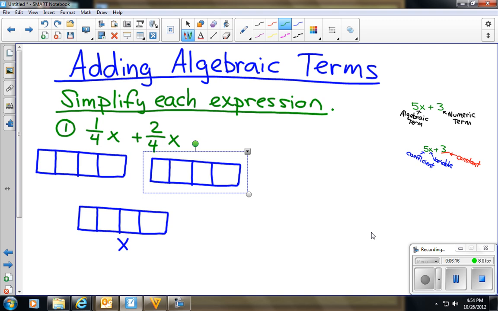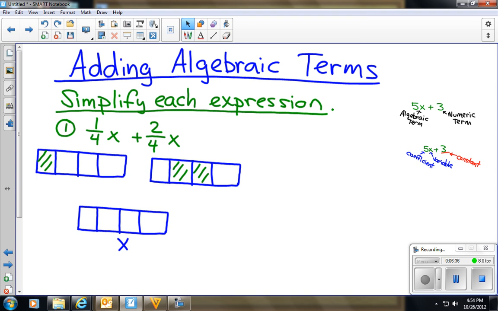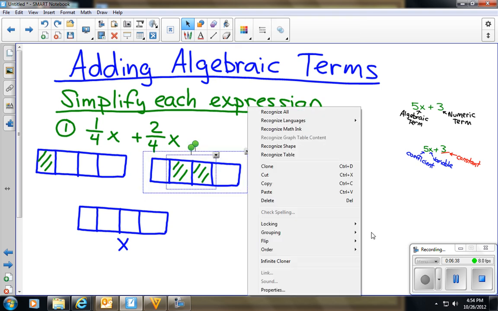Well, it's 1/4 x. So I'm going to say this is 1/4 of the x being filled in. Now, the bar on the right-hand side is 2/4 x. I'm going to just move it over a little bit. You could fill it in wherever you like. I'm going to fill mine up in the middle for a reason. So as you can see here, I have 2/4 of it filled together, right?